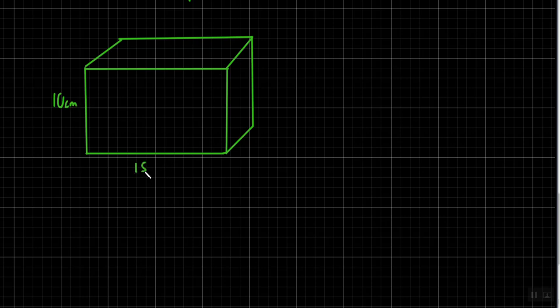This is a 10 centimeter by 15 centimeter by 5 centimeter rectangular prism. I'm going to put a jar inside of this prism that fits exactly, snug in this box. So there's nothing above it, nothing below it. It's exactly inside of this box.